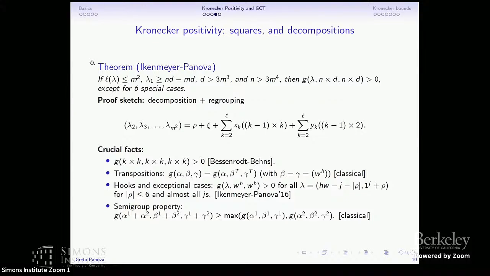So we can't just start from nothing. In that sense, we can cut our partitions up into various squares and hook-like things, and then we can also cut up the rectangle in various different ways, compose it, and we get positivity.